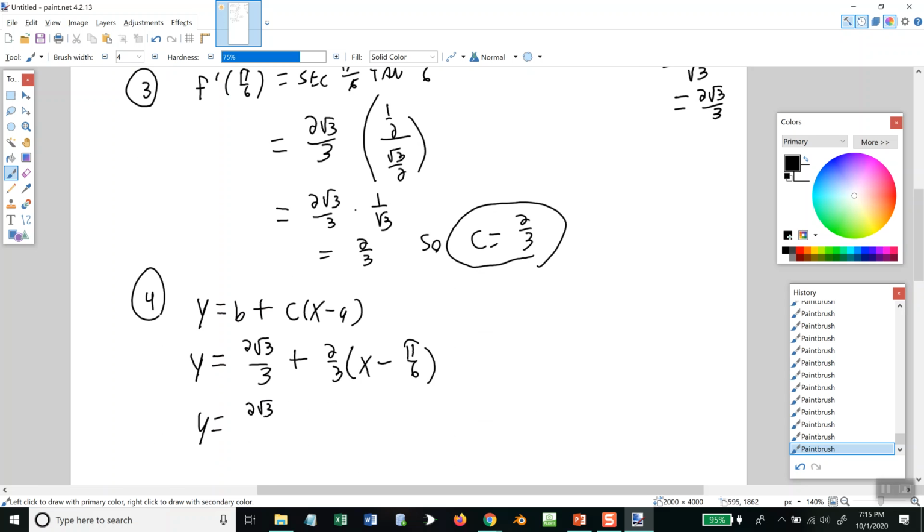So we got 2 square root of 3 over 3. Multiply the 2/3 through, and I got 2/3 x minus 2 pi over 18.